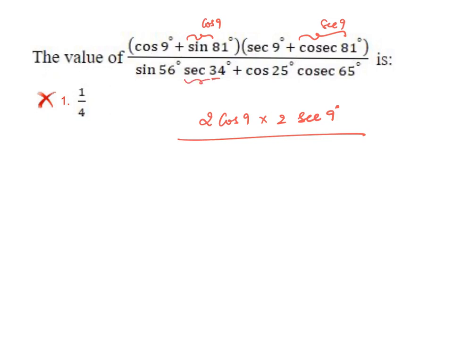Secant 34 can be written as cosecant 56. Cos 25, cosecant 65 can be written as secant 25. We know sin theta into cosecant theta is 1. Cos theta into secant theta is also 1. So this gets cancelled. You get 4/2.